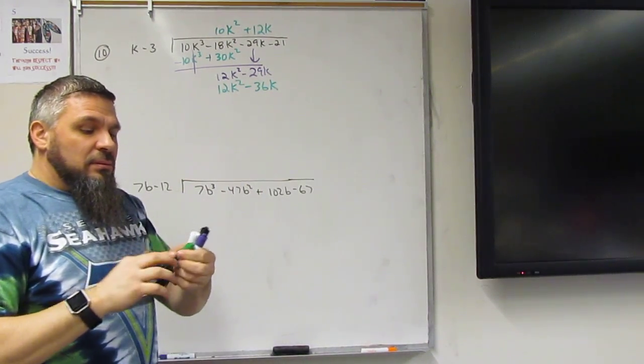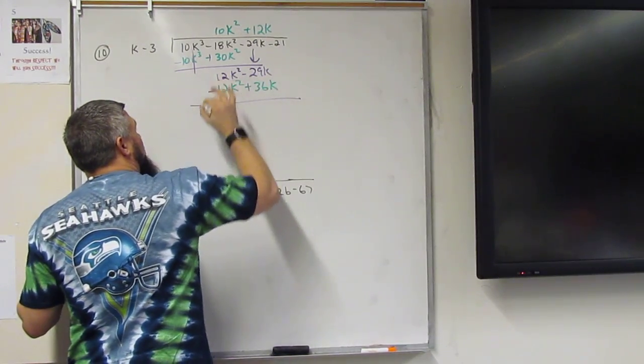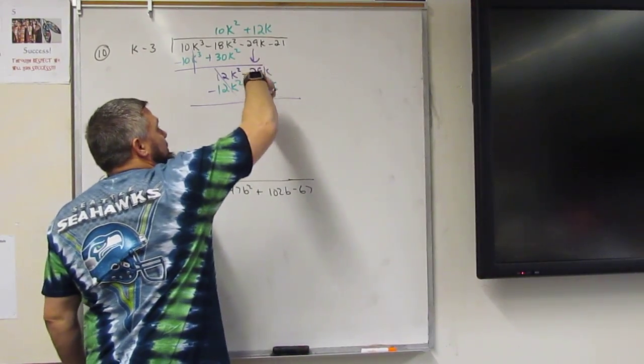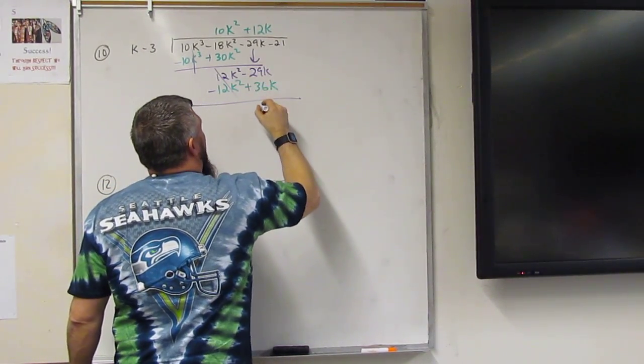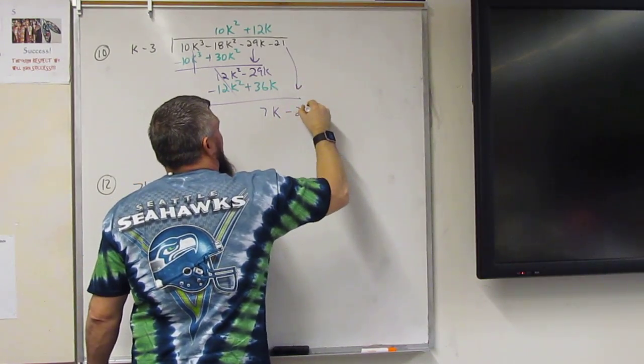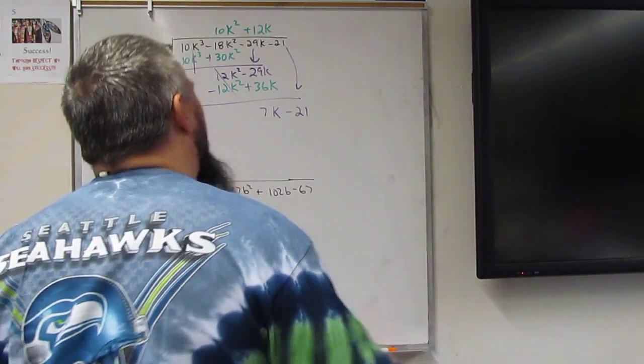And then I draw the line, change the signs, and these cancel. These are different, so I'm finding the difference, so that's a 7k. And then I'm bringing down the minus 21. So I'm asking myself, what times k is 7k?